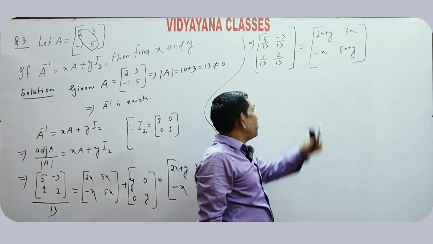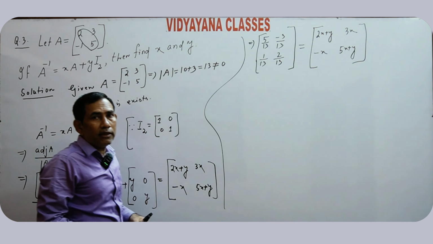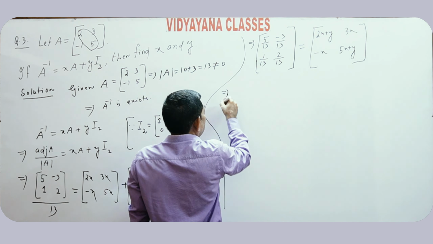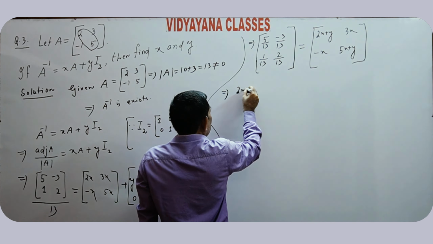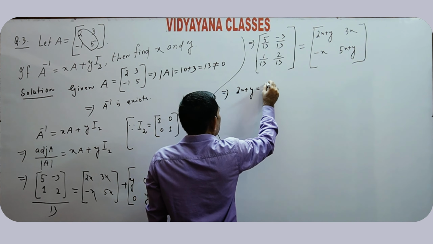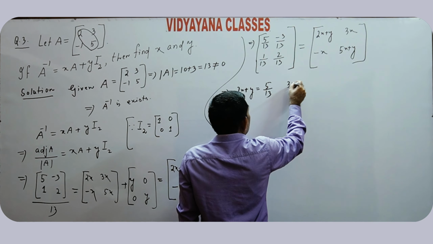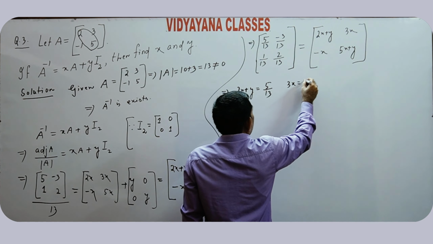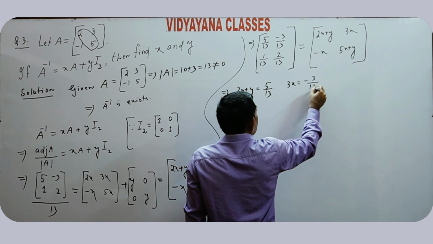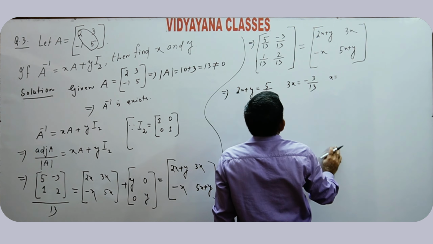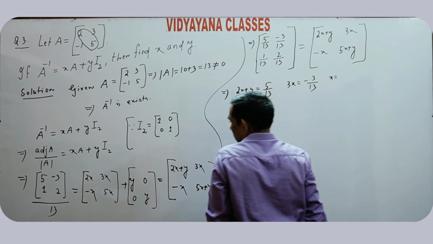Two matrices are equal if their corresponding elements are equal. Implies this 2x plus y is equal to 5 by 13. 3x is equal to minus 3 by 13.